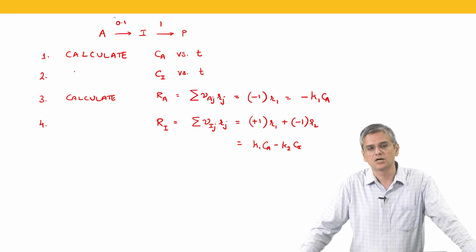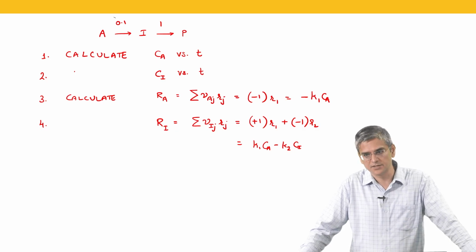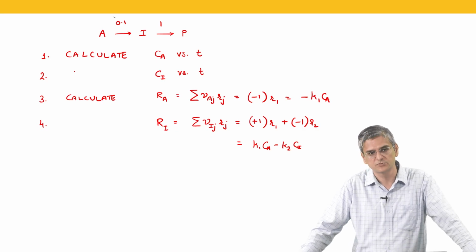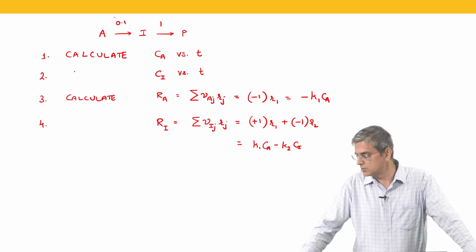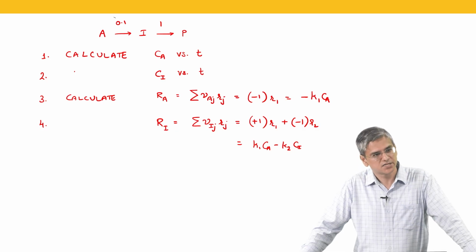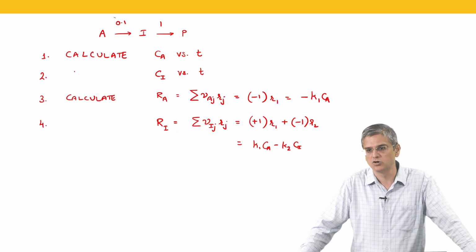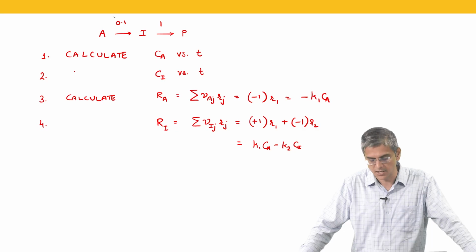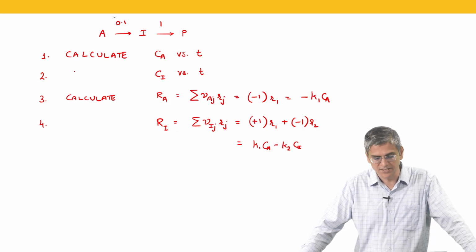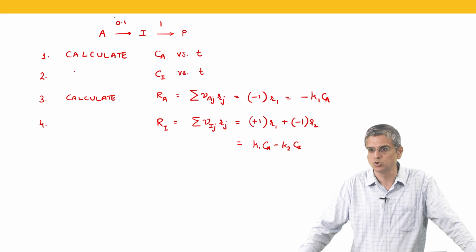But a stronger concept that can be used: rate limiting step is an extremely useful concept, but in parallel with the rate limiting step, in order to reduce your mechanism and try to derive a rate expression, the next concept we use is the pseudo steady state.